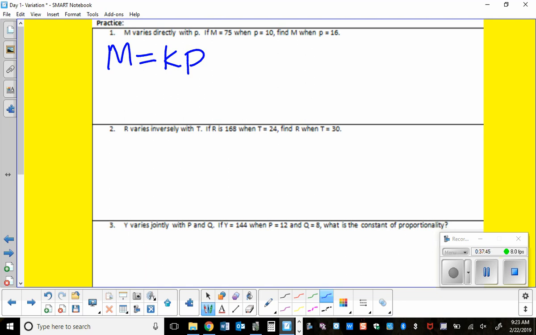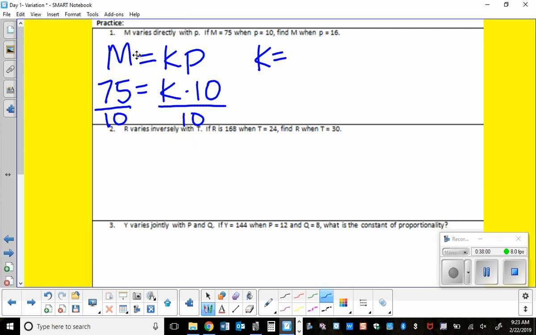When M is 75 and P is 10, divide by 10, divide by 10. What'd you guys get for K? You got what? 15 over 2? Okay, or 7.5. Normally keep it as a fraction unless it's an even fraction, a nice one like this.